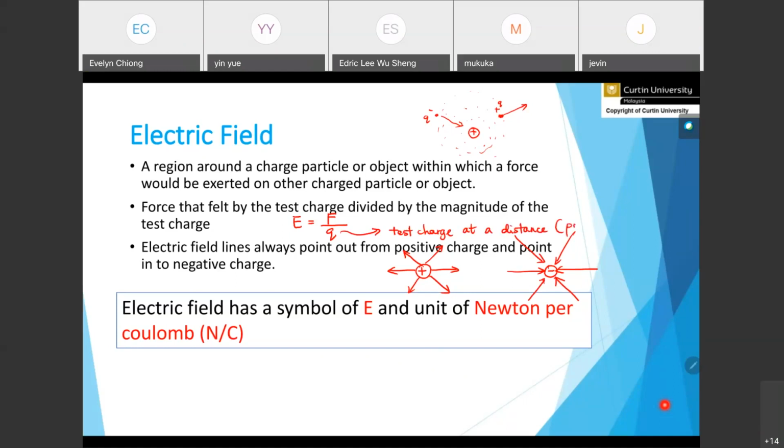So the Q is not the test charge, the positive one here; this one we use Q. The one that comes near is the test charge.